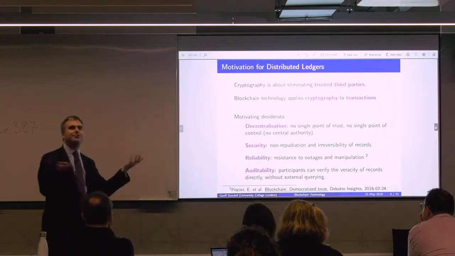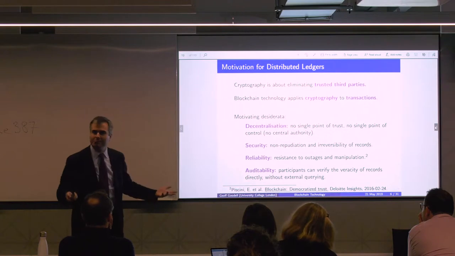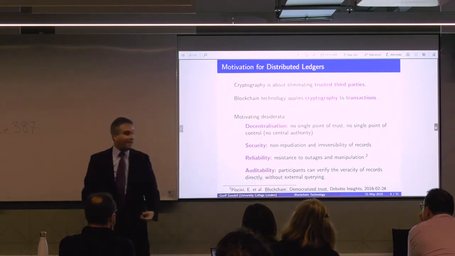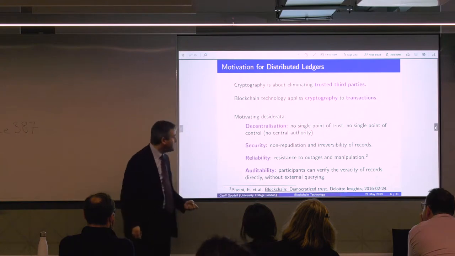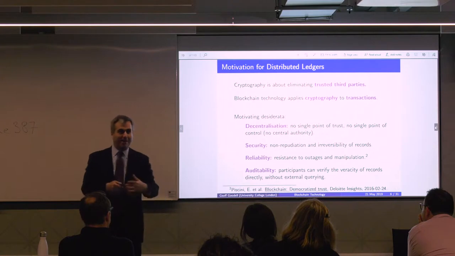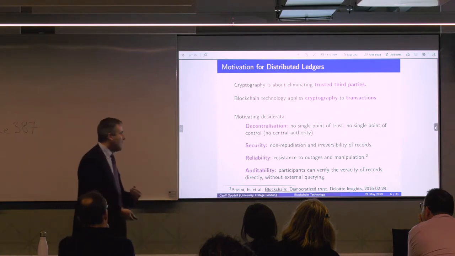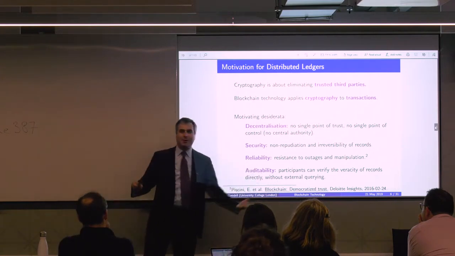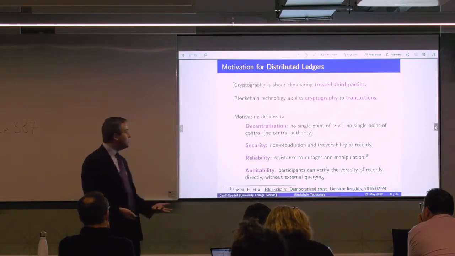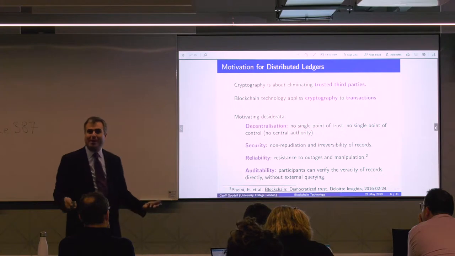No one can change the truth without everyone noticing. We want reliability. That's just resisting the changes and manipulation in the first place. And we want auditability, which is being able to look at what changed, have everyone know when, and have all the participants be able to verify that the records are true without having to query externally.